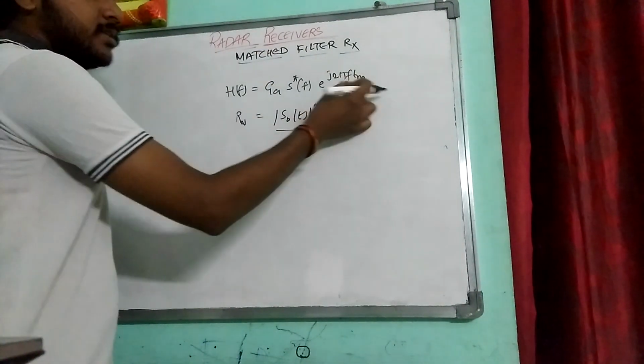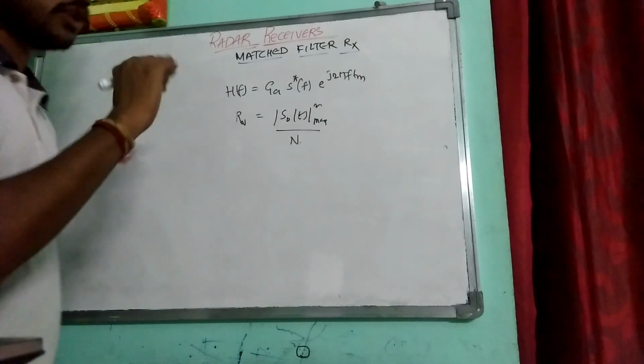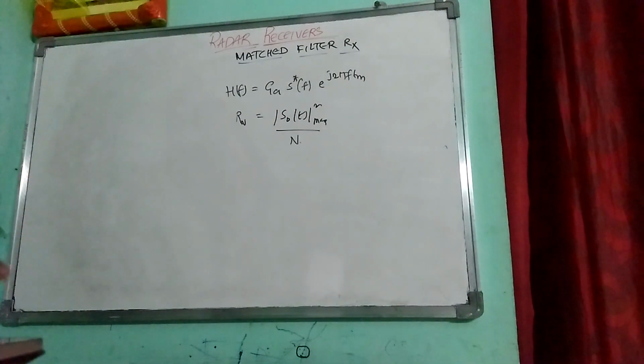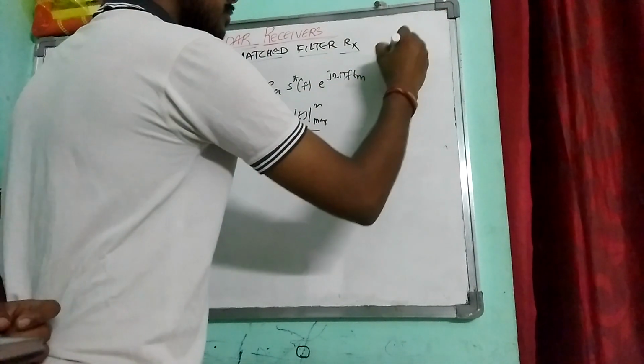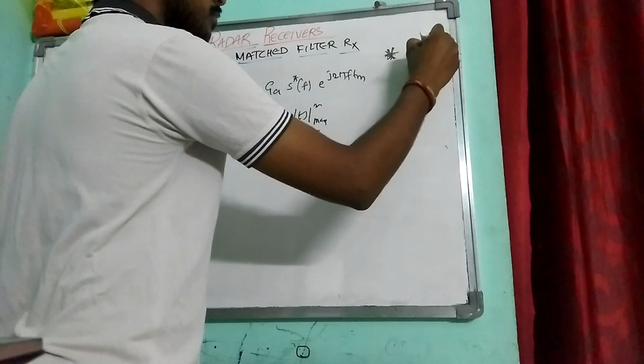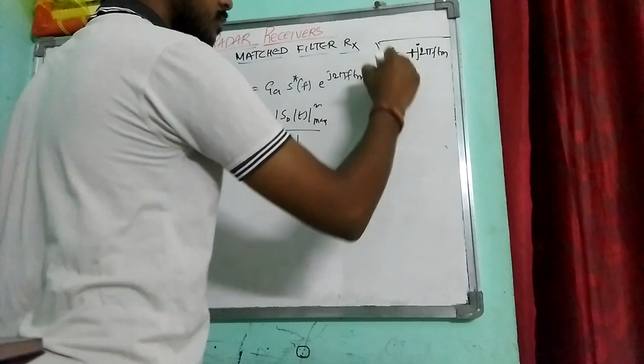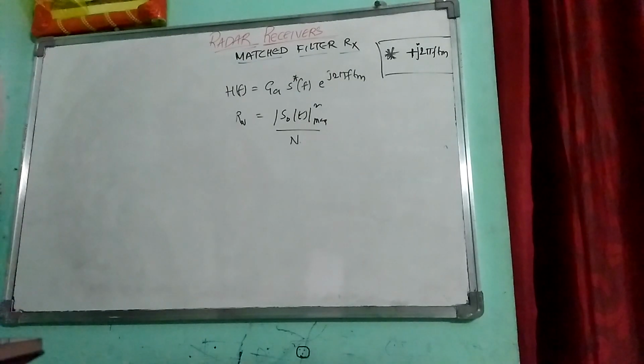Observe, this should be plus j 2 pi f Tm as it is on the left side. In the previous equation also you corrected it; it is not minus, it is plus. Okay. This is the spectral density.